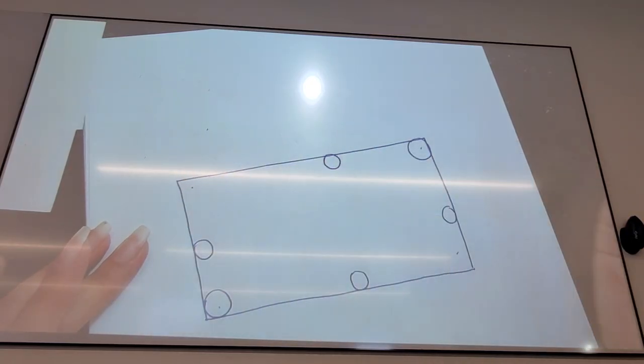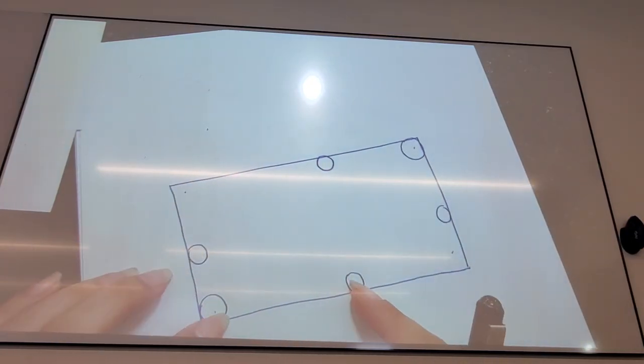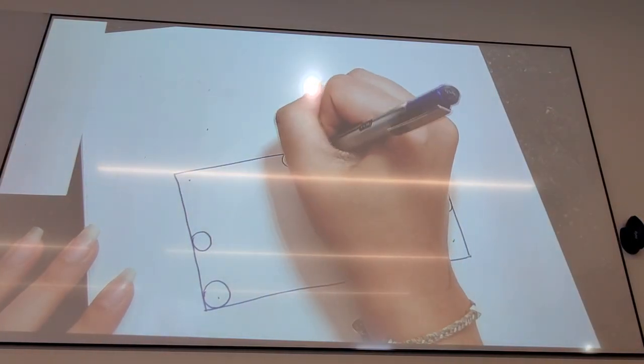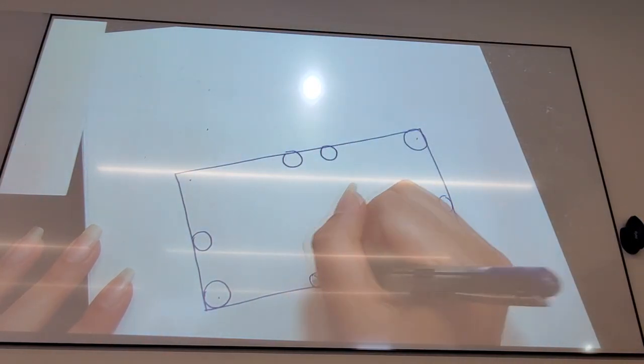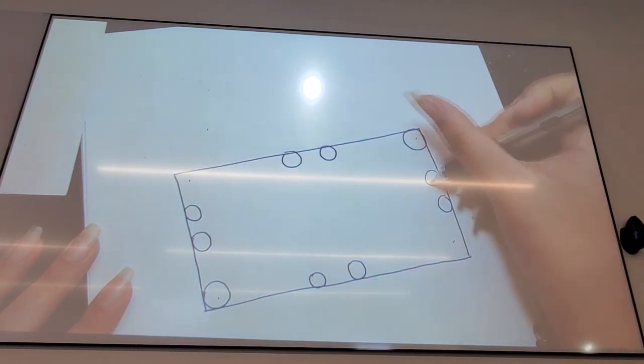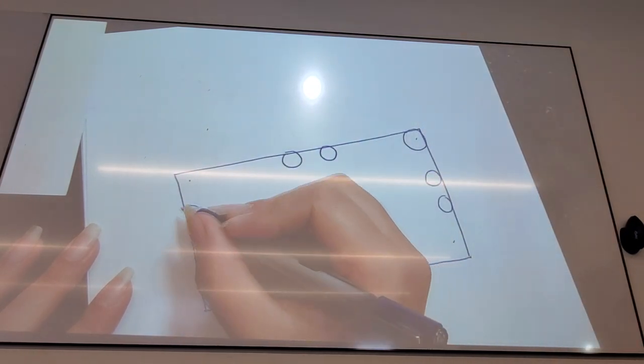Then there's 2 here, 2 here, 2 here, 2 right there, so they're still even. And I just added 1 more. And then counted them up, 1, 2, 3, 4, 5, 6, 7, 8, 9, 10.